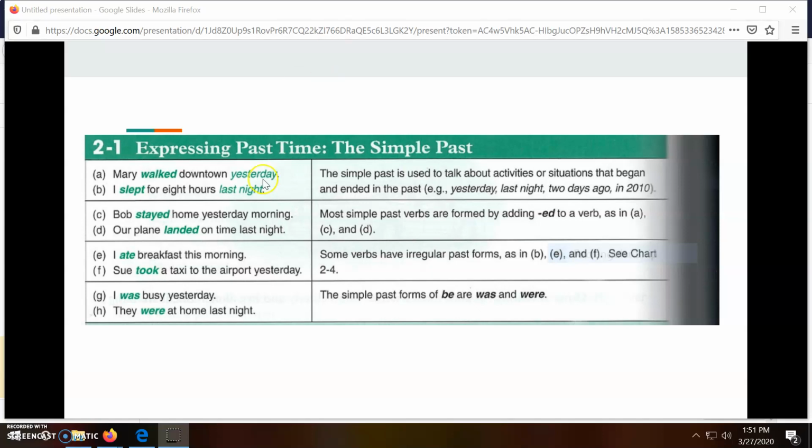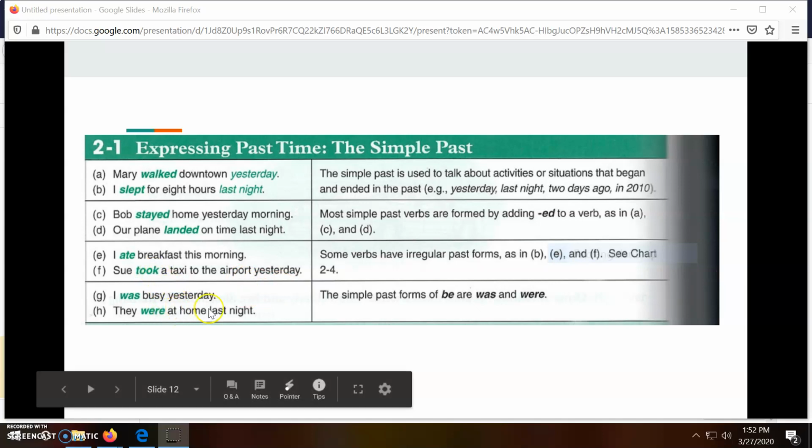For example, we have two examples here, E and F. I ate breakfast this morning, so ate is the past form of the verb eat. And F, Sue took a taxi to the airport yesterday. So took is the past form of the verb take.